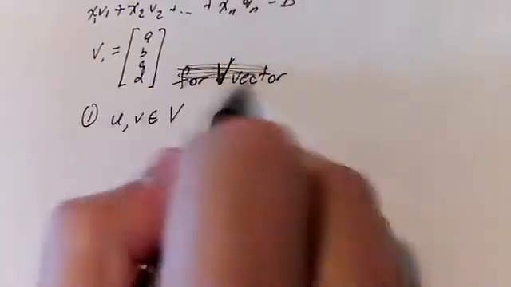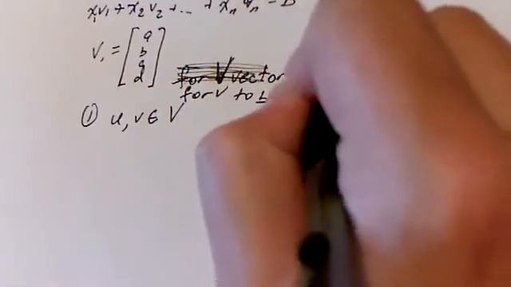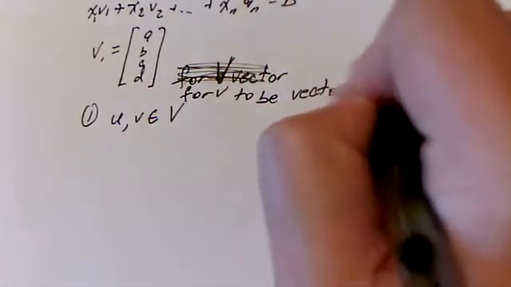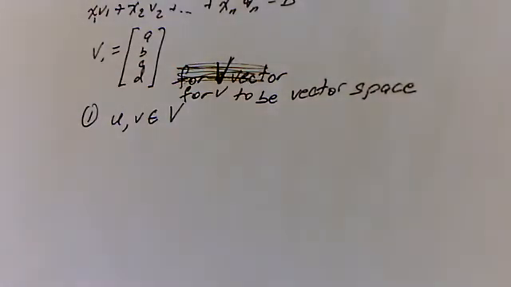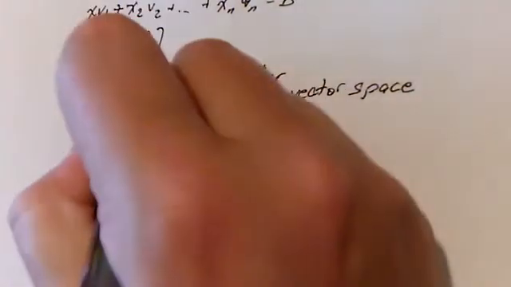For V to be a vector space, if I have two vectors, u and v, that are in my vector space V, okay, so these are vectors.